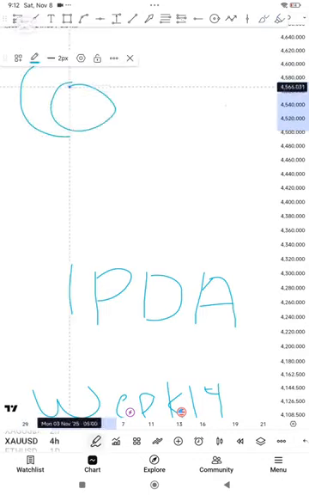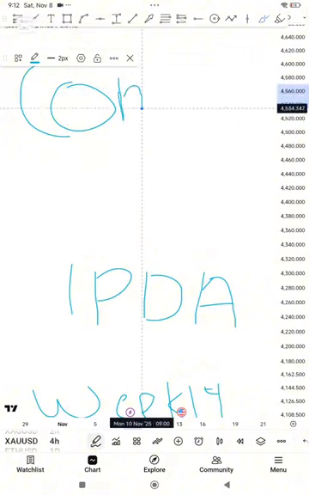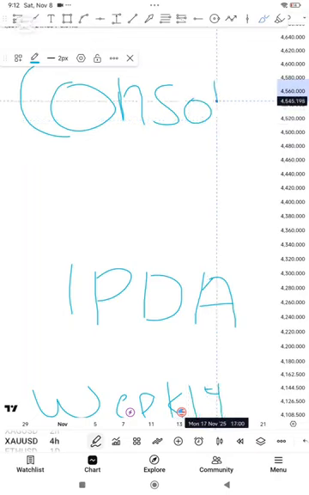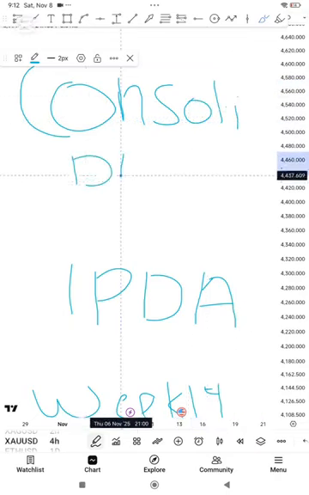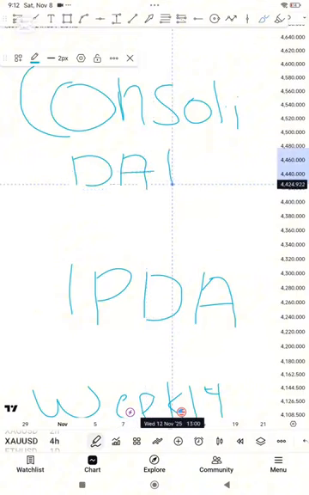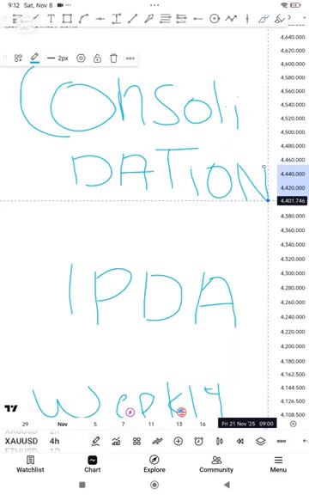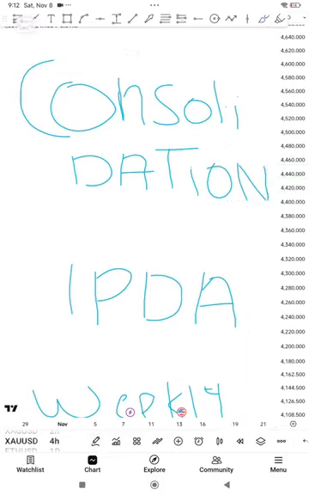Consolidation. So this is the first phase.